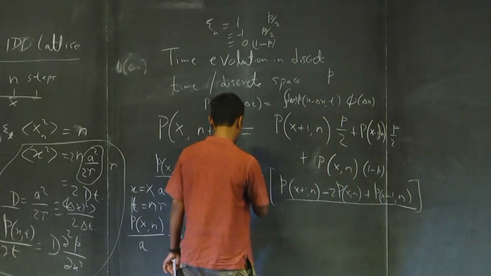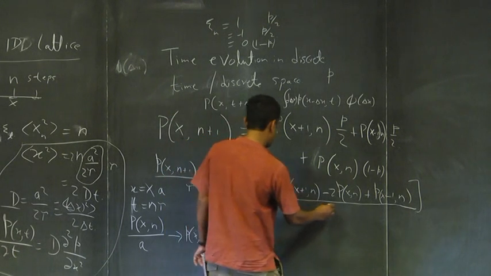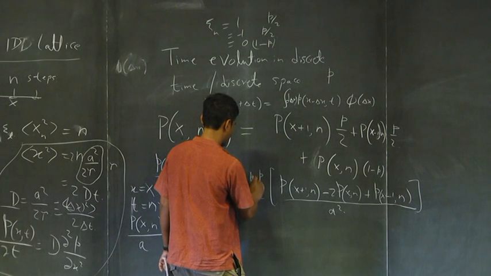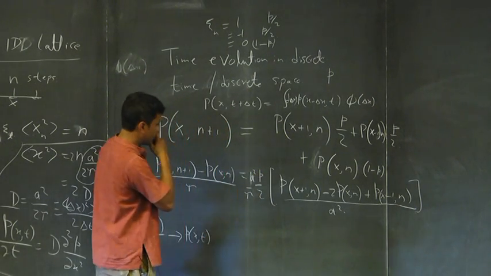So there is a 1 by tau, and here I put a square and I put a square here, right.